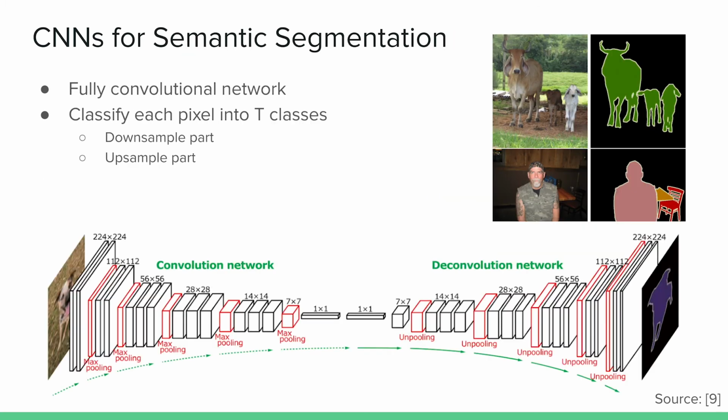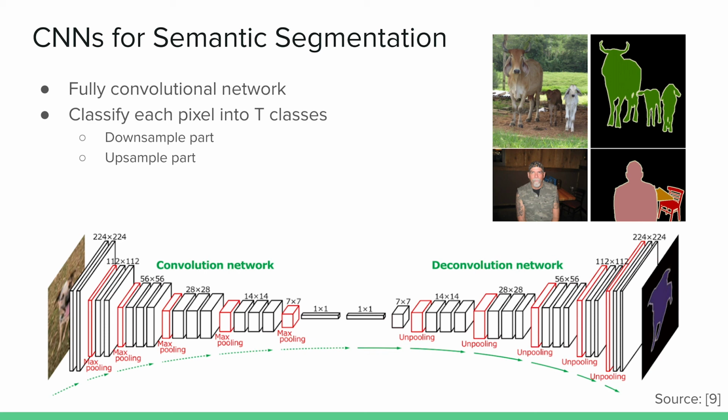We can also do semantic segmentation, where we assign a class label to each pixel, but not necessarily to each instance. One way of doing this is with a fully convolutional network, where we have a bunch of convolutions that always make the image smaller.